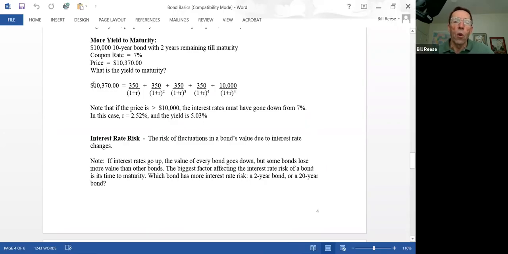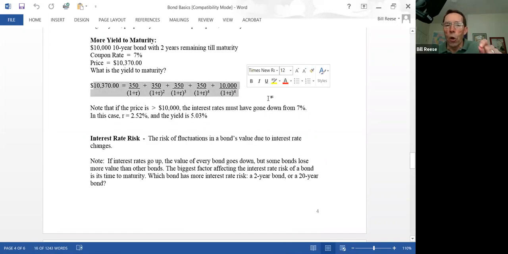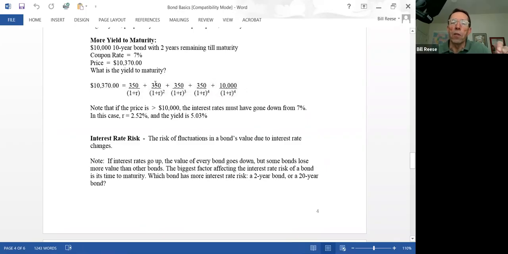So this is the situation with that bond. It's currently priced at $10,370. We're going to get a $350 payment in 6 months, another one at the end of a year, another one at the end of a year and a half, and this one comes at the end of 2 years. The same time that we get this $350 payment here, we're going to also get this $10,000 payment.